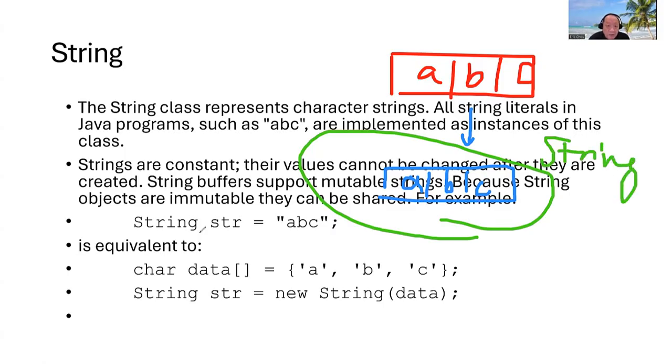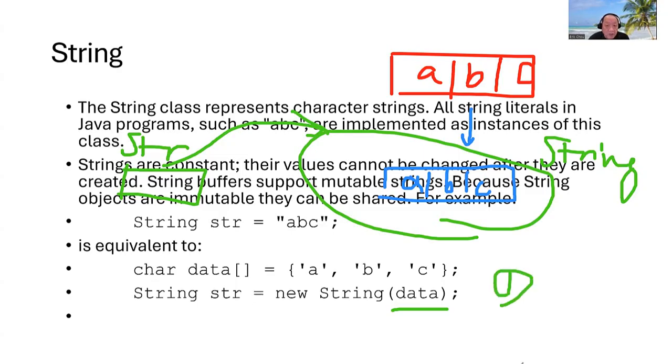So we create a new string object, and this address is stored in the str variable. So this creates a string using an array to load the data into the string.